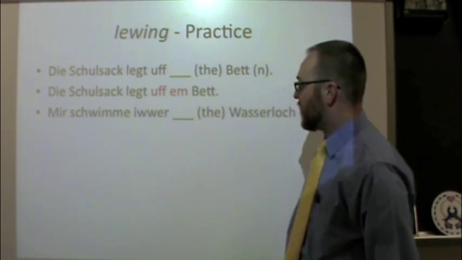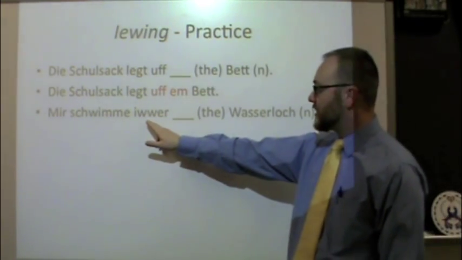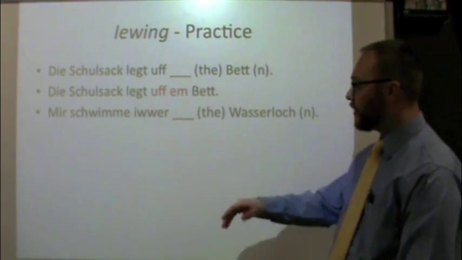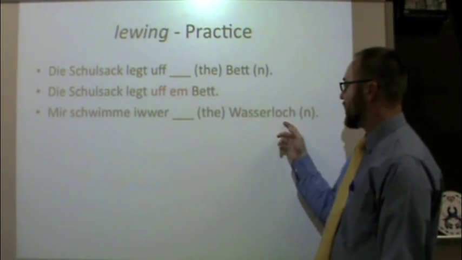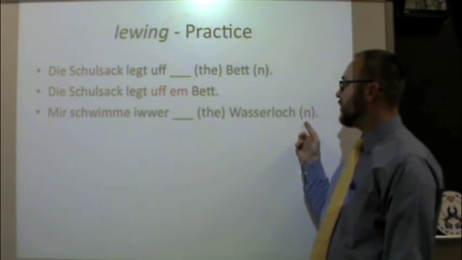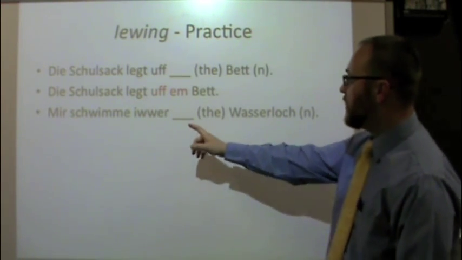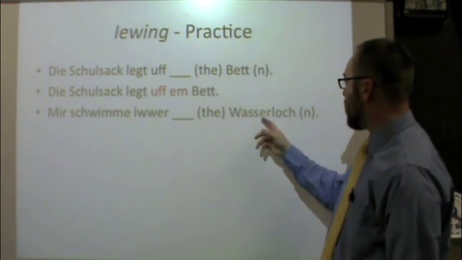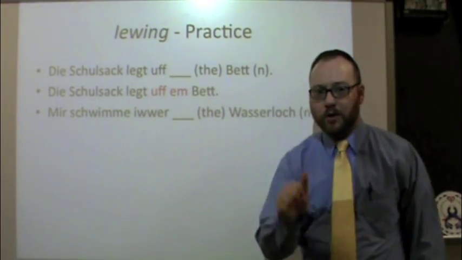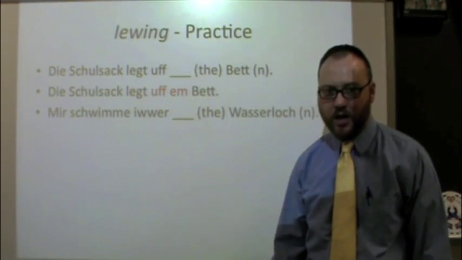Here's another one. This time, again, we want the. Our preposition this time is über, across or over. And our word this time is Wasserloch, which is the word for a pond. And I'm telling you that Wasserloch is neuter. So, wir schwimmen über the Wasserloch. Ask yourself question number one. Is there motion? We are swimming across the pond.